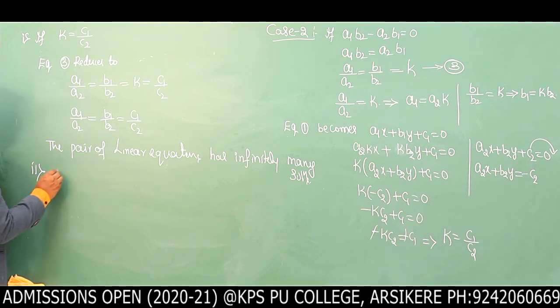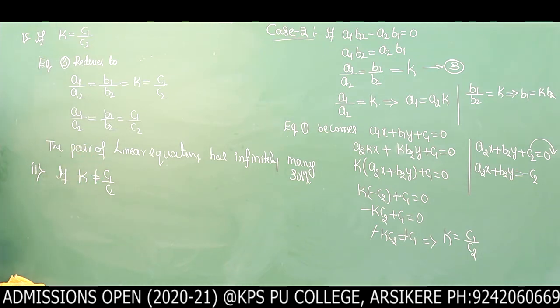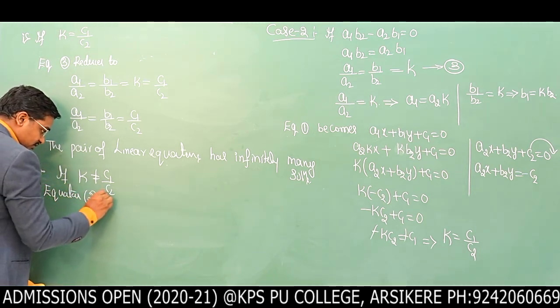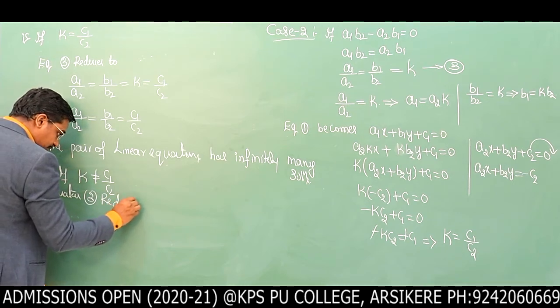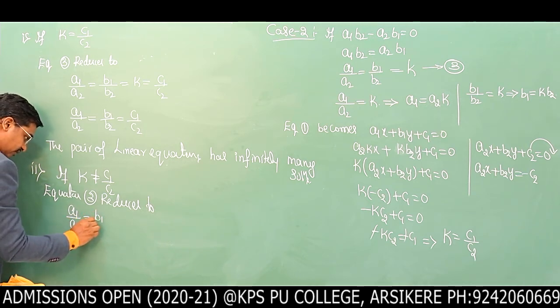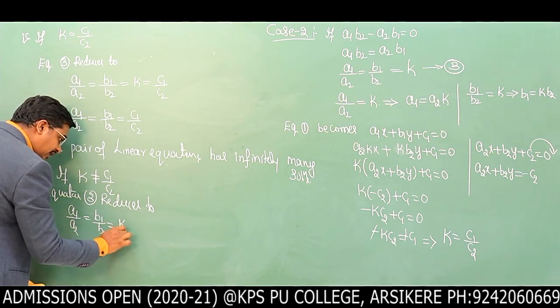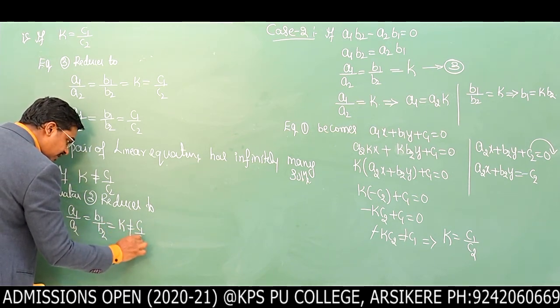So when k is not equal to c1 by c2, equation 3 reduces to a1 by a2 is equal to b1 by b2, we have k in the term, but k is not equal to c1 by c2.